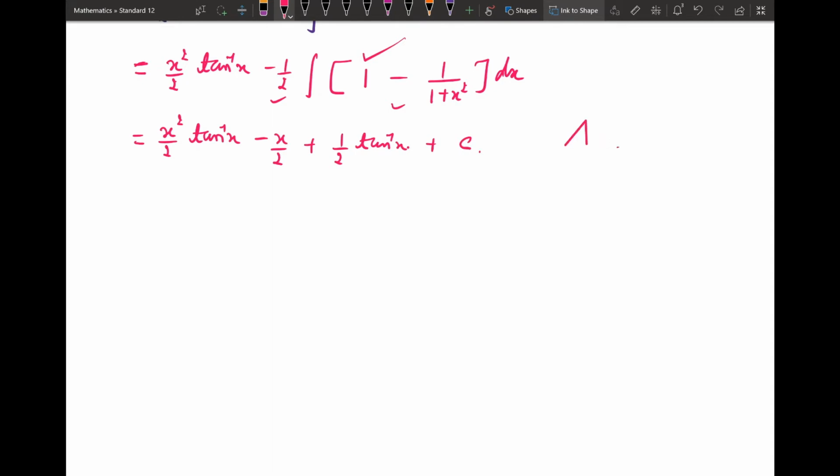Similarly, by the same method you can also integrate x into cot inverse x dx.